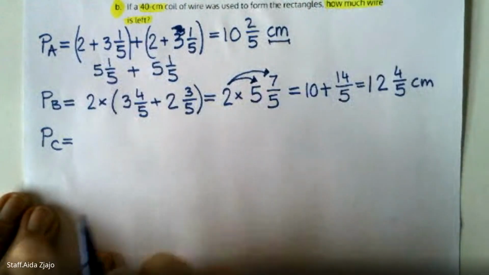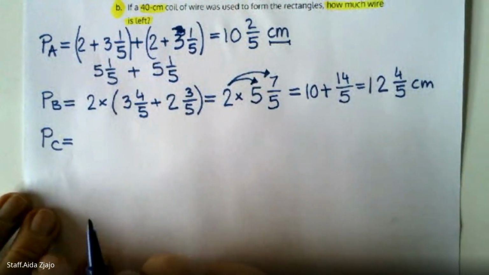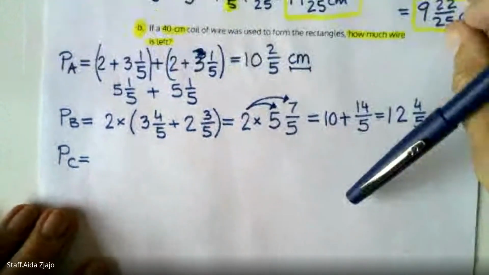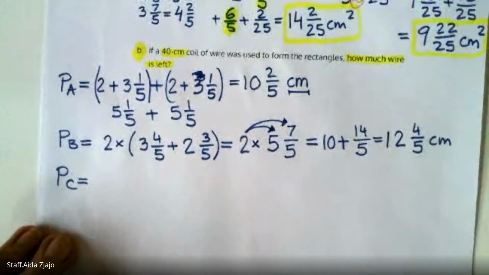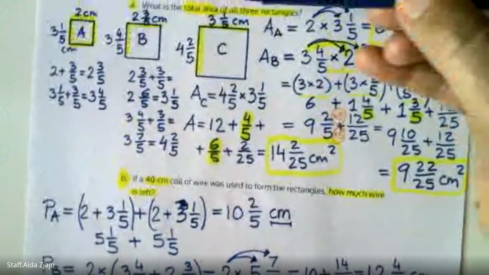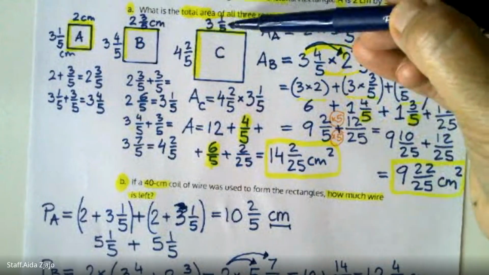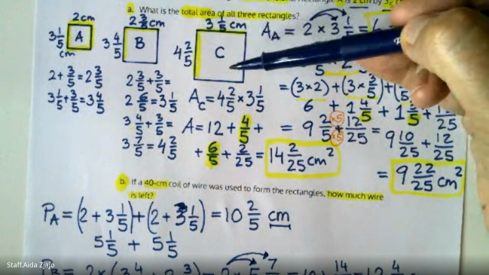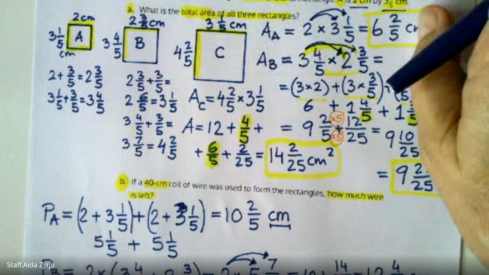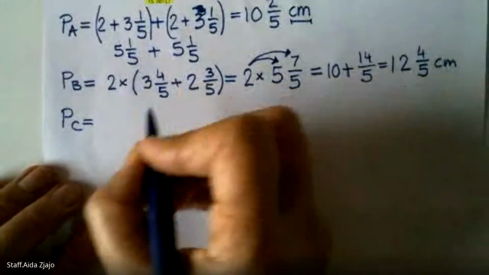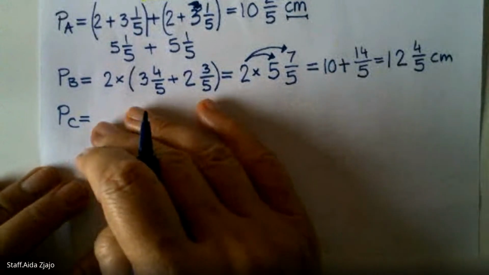If you like, you can do 2 times 4 2/5 and 2 times 3 1/5, and you can get the same result as adding these two and multiplying twice. So I'm just using a different strategy to find the perimeter.